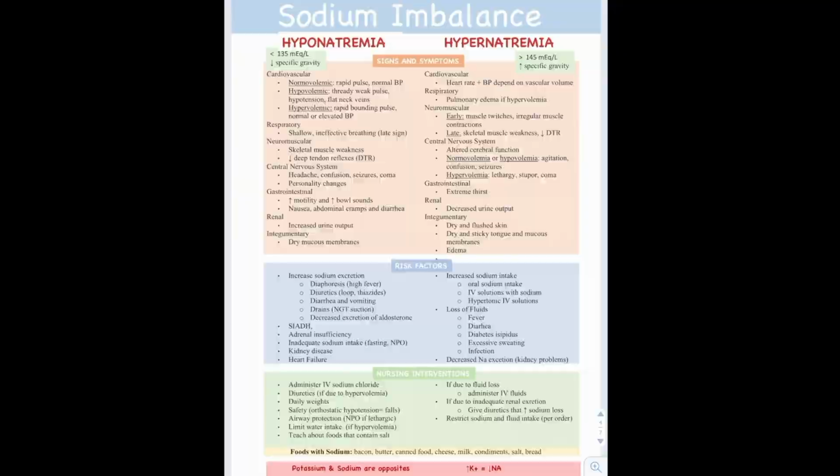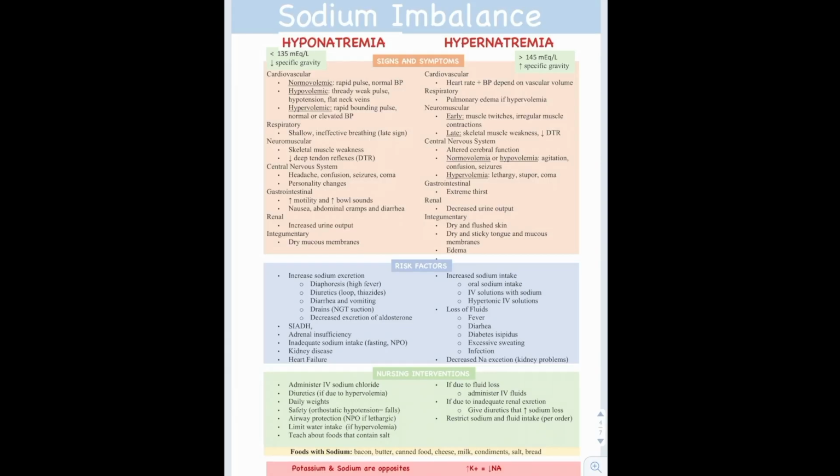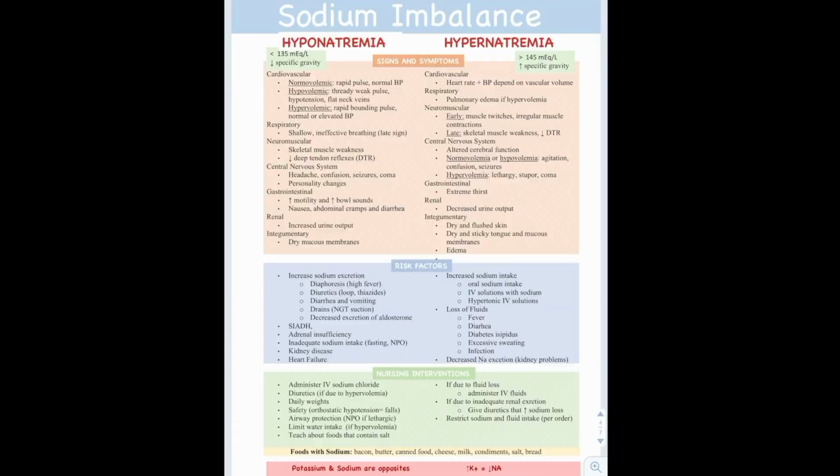If they're hypovolemic, meaning they have a low blood volume, there'll be a thready, weak pulse, hypotension, and flat neck veins. And if they're hypervolemic, you'll see a rapid bounding pulse with normal or elevated blood pressure.